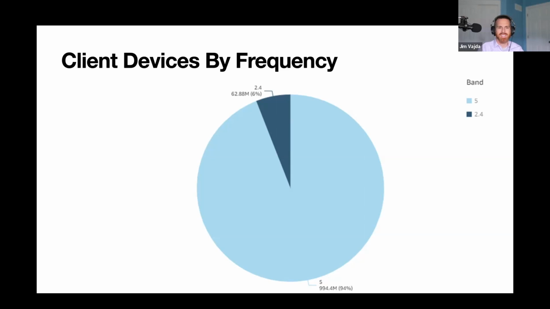It also makes the case that your enterprise SSIDs should really just be 5 gigahertz only, unless you really must do something with 2.4. EduRoam. Right, Anders is on the call, so I like the idea of having a 5 gig only EduRoam.